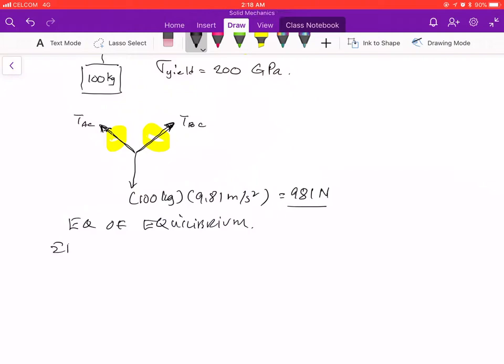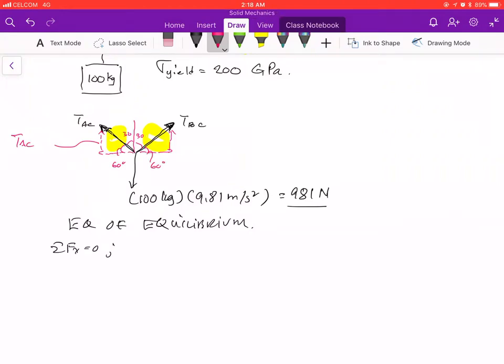So I have my summation of forces in the X equal to 0. There are two components here, and I'm going to call this TAC. Now this angle here, since this is 30, this one is going to be 60 degrees, and this is also 60 degrees.